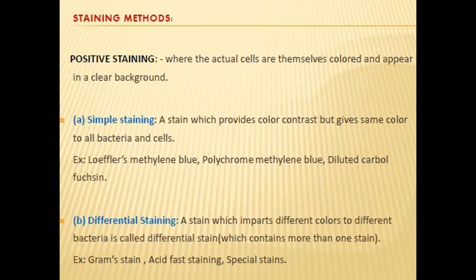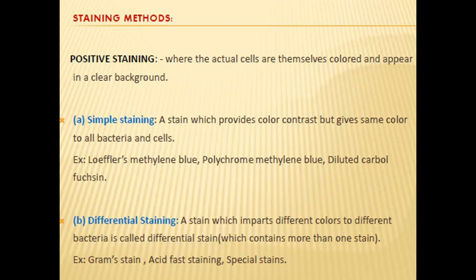It means that in this staining method, whatever stain or dye we utilize for the coloration of the specimen, after performing this staining process, your bacteria or specimen takes up the stain of that particular dye.